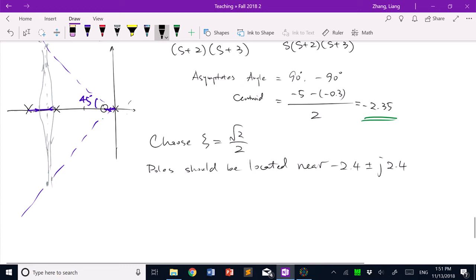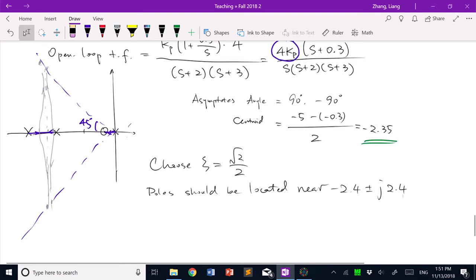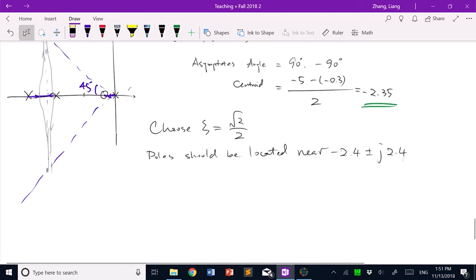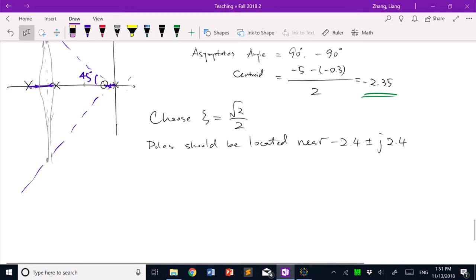Roughly, roughly around this point. And if it's roughly at this point, we can even calculate Kp. Actually, still approximate.